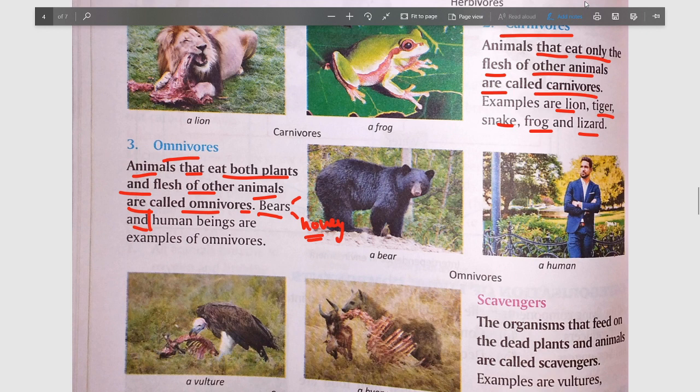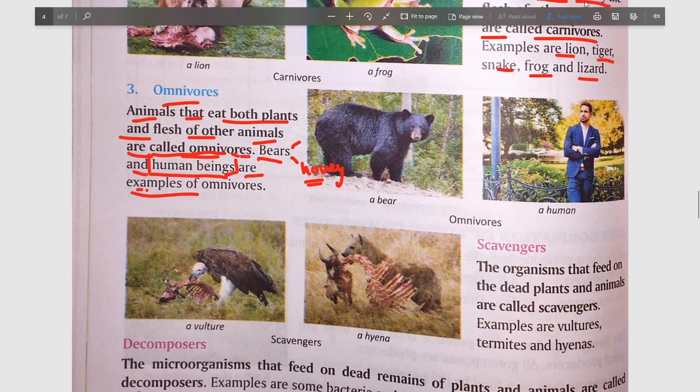And human beings also can eat both flesh and vegetables, so we are also omnivorous. So these are the three categories of consumers. I have discussed the producers, then the second was consumers, in which there are three categories. Now I will talk about the scavengers.